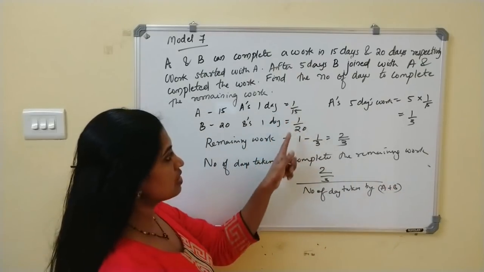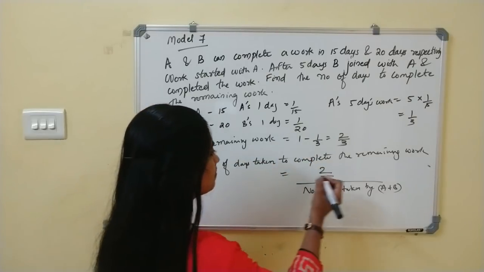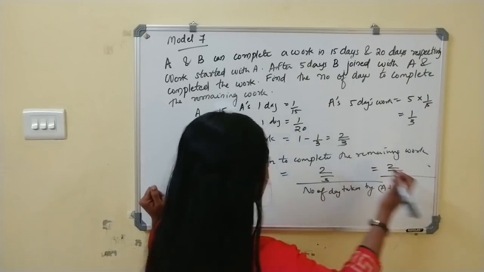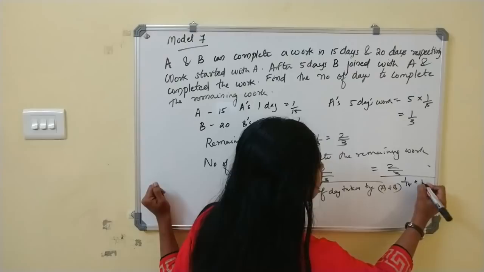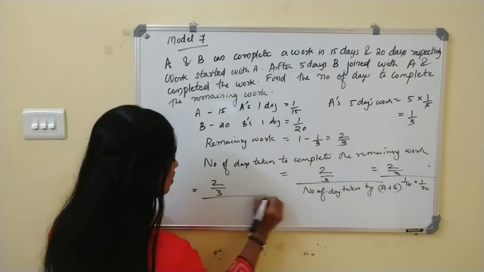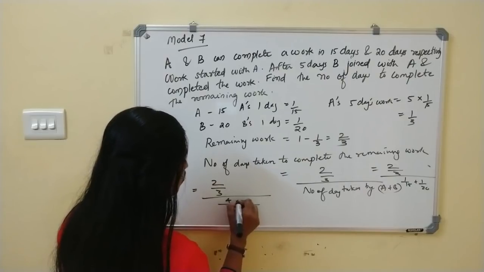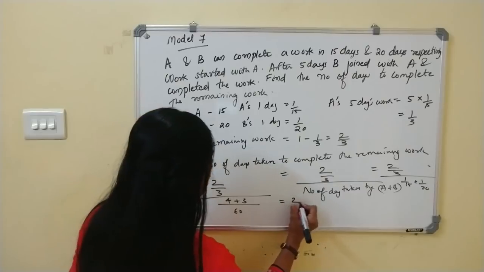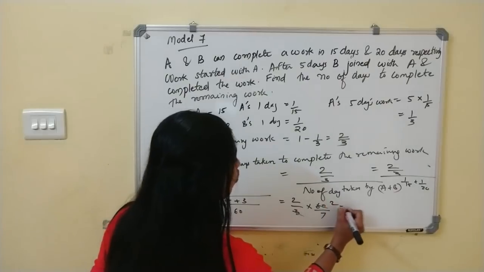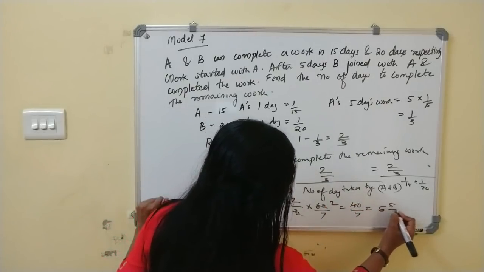A's 1 day's work is this and B's 1 day's work is this. So A plus B together does the work, 2 by 3 by 1 by 15 plus 1 by 20, which is equal to 2 by 3 by, LCM is 60, so 15 3s, 15 4s and 23s. So 2 by 3 into 60 by 7, 40 by 7, which is equal to 5 by 7 days.